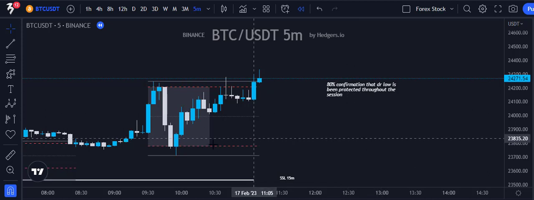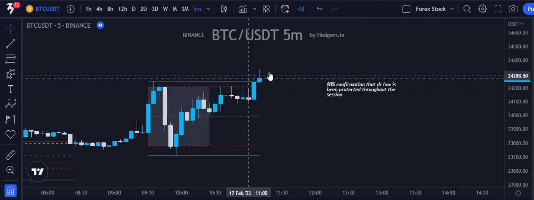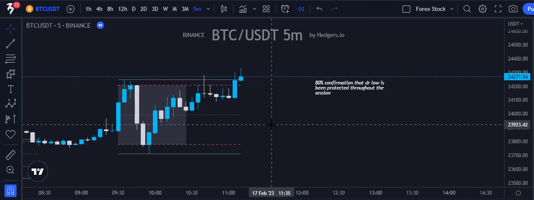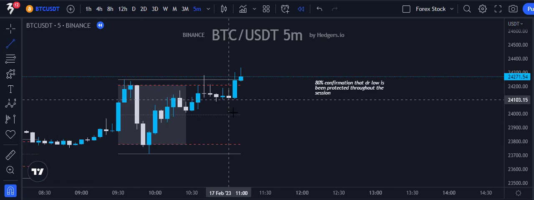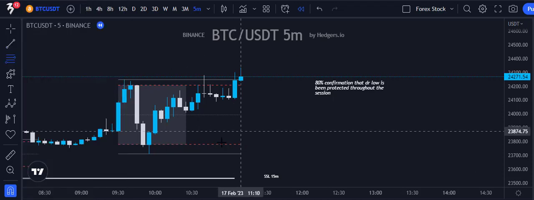So now the trend is clearly to the upside, and price has been taking this DR high. Now you need to find your entry point. I'm going to mark this 0.5 here with the Fibonacci retracement.